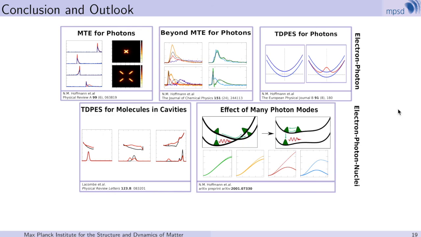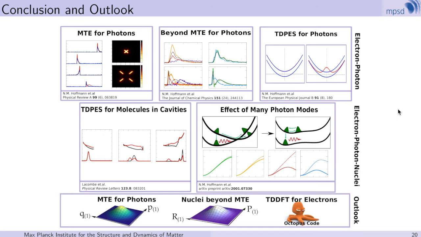And as I gave a short motivation in the beginning, saying we want to develop ab initio methods, and I wasn't ab initio at all, it was just benchmarking of model systems. For sure, this is now our next step. We want to couple this whole thing to an ab initio calculation for the electronic structure. Also in the many-mode case, we treated the nuclei quantum mechanically for a good reason.